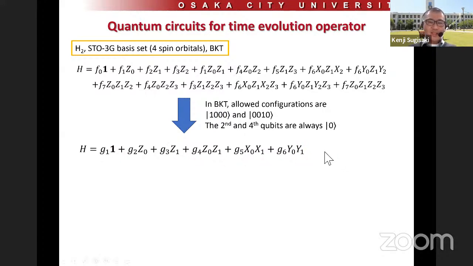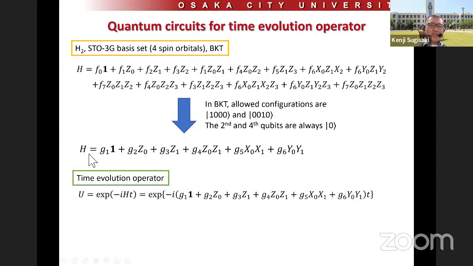So we are thinking about the construction of the circuit for the time evolution operator using this Hamiltonian. The time evolution operator can be written as shown here. It means exp(minus iHt), where H is a linear combination of these Pauli strings.